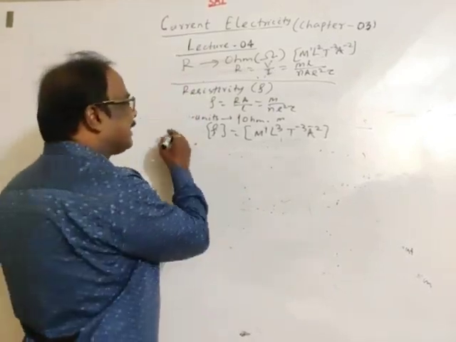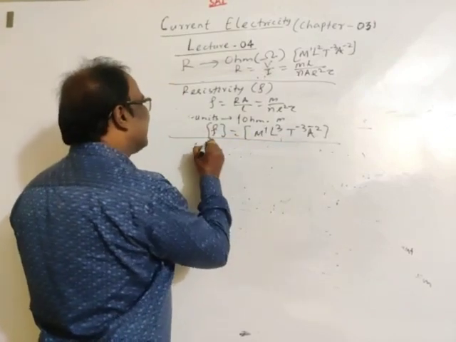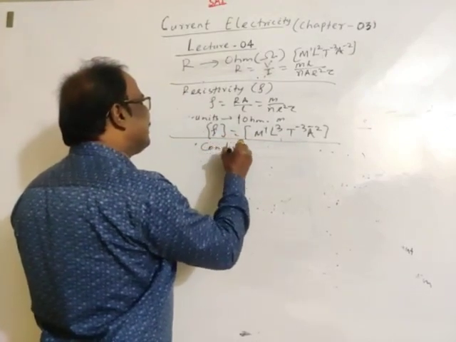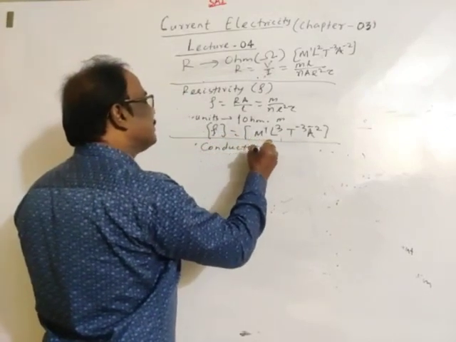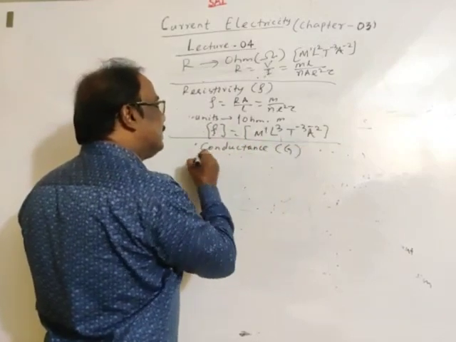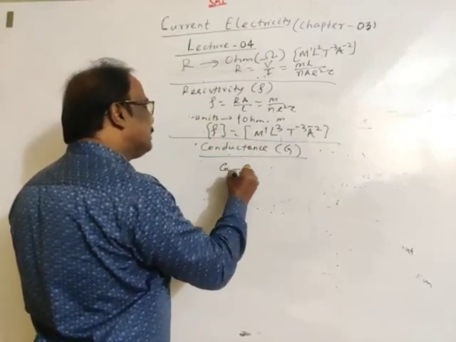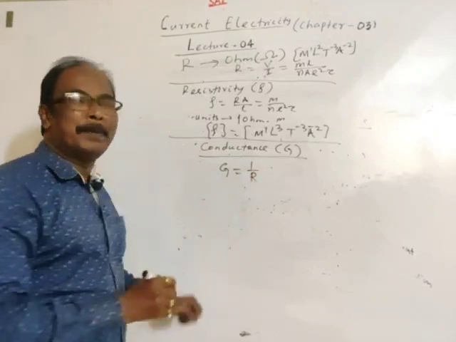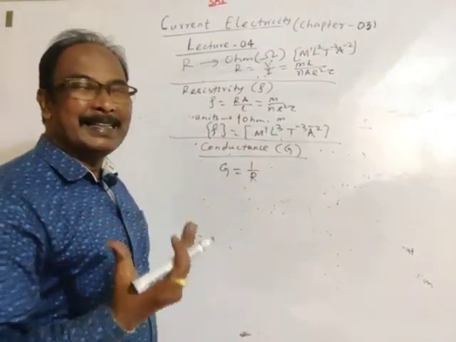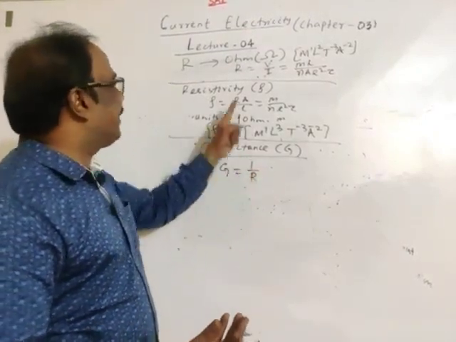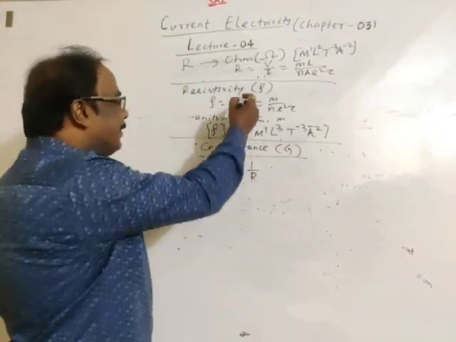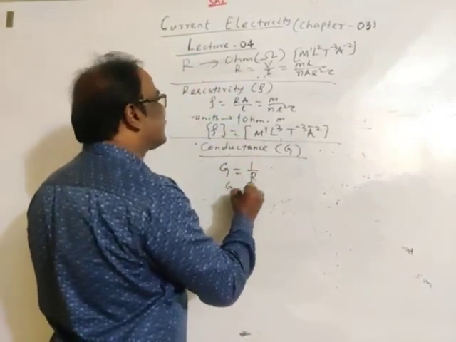Then another point, conductance. These are very easy. Now, conductance. The symbol you may take is G. Conductance is defined as the reciprocal of resistance. So we can write the formula for conductance.